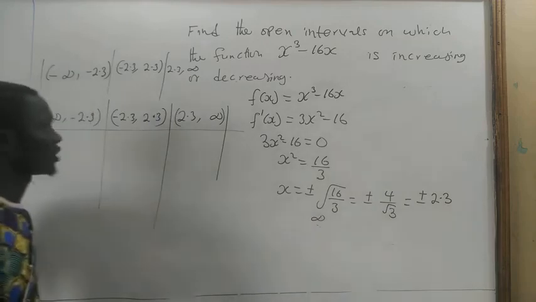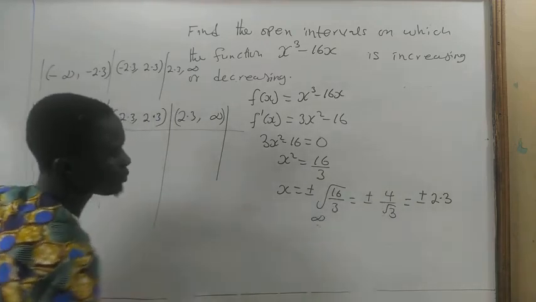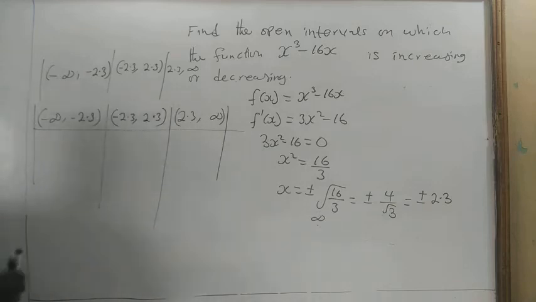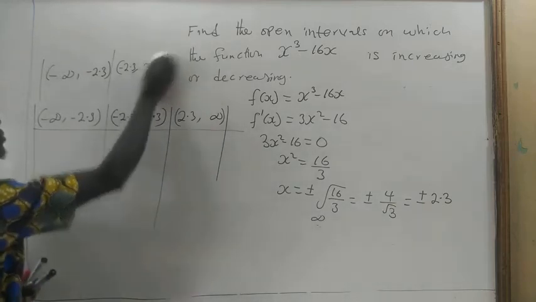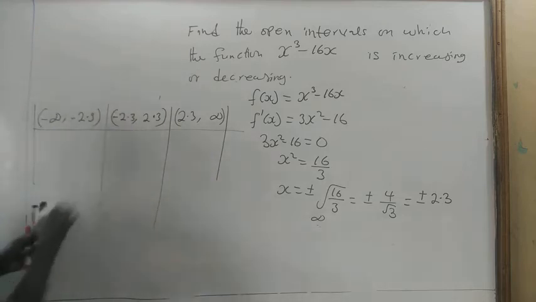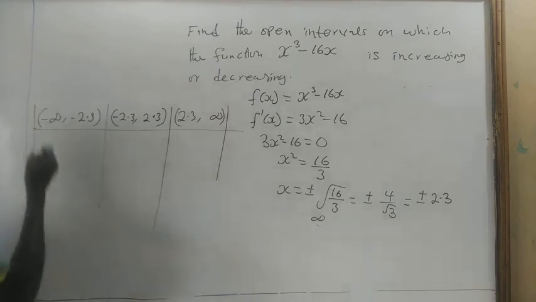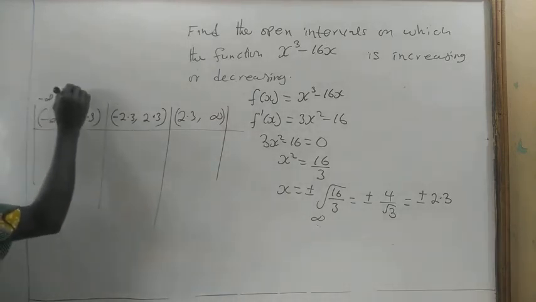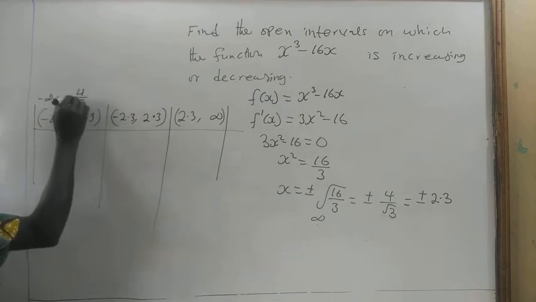Or if you like, you can use what we had. So if we are going to use that one too, in case you are doing it at section A, and they've used this, here you take negative infinity to negative 4 divided by square root of 3.